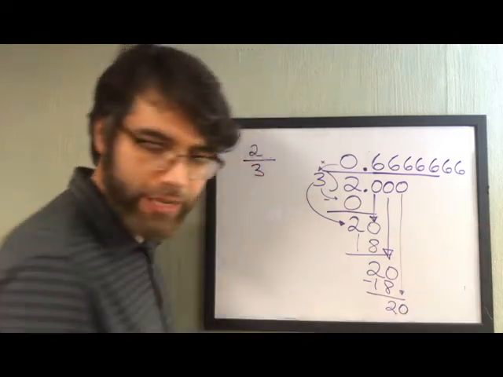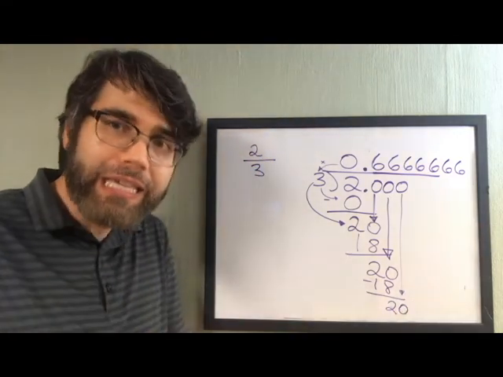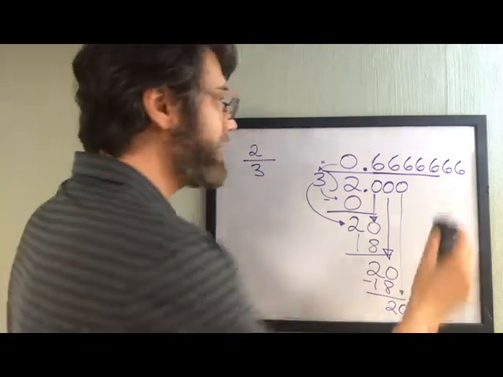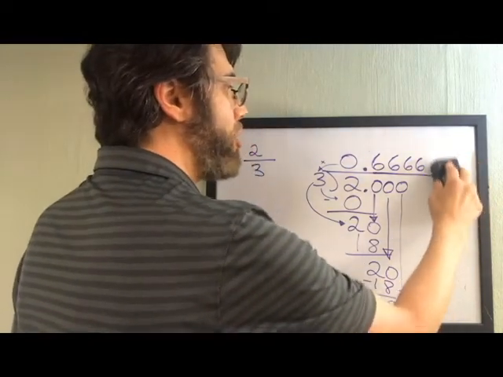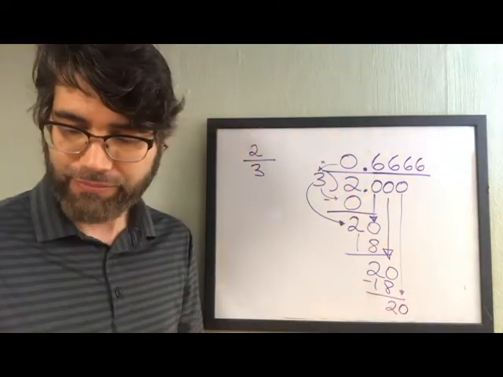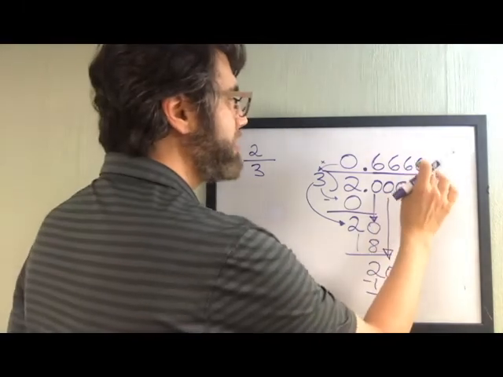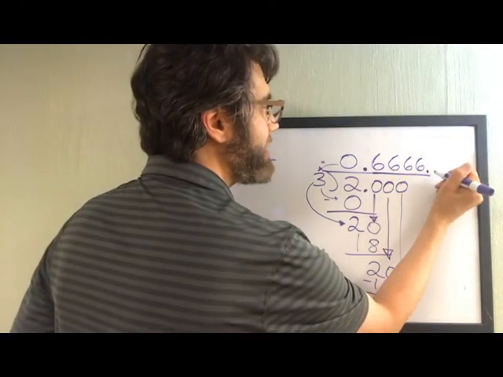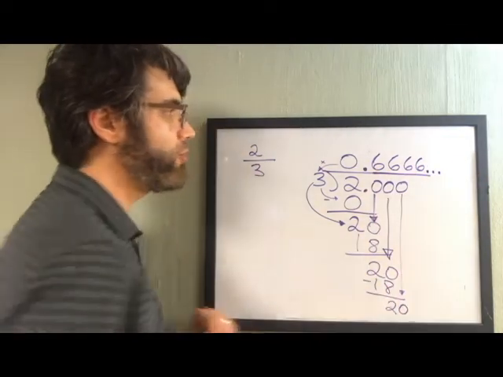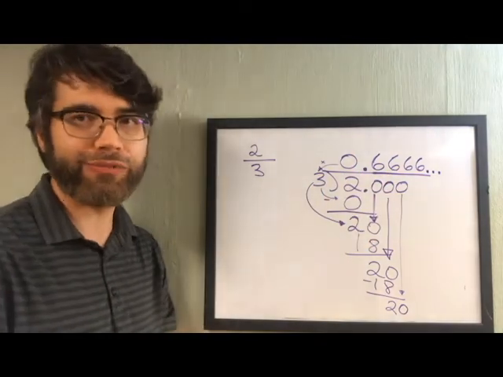Okay, so once you see that this is what's going to be happening, once you see the writing on the wall, so to speak, literally, after a couple of these, you can write dot, dot, dot, and know that it goes for that same number and it repeats forever.